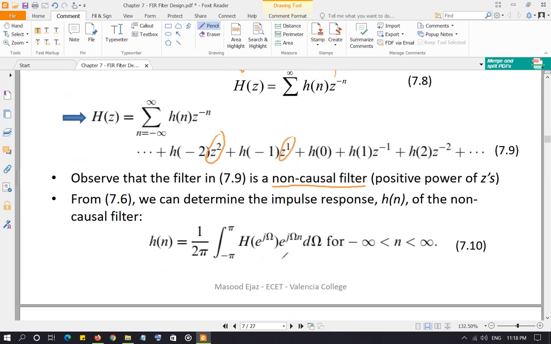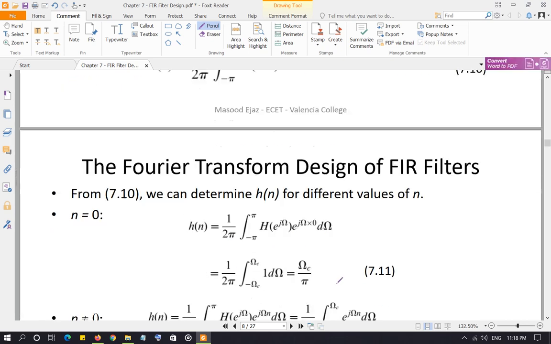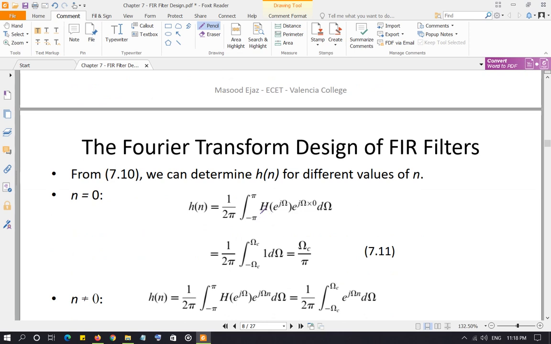So h of n is this, right? And we can determine h of n for different values of n. n is equal to 0 is going to be, remember, h of e^(j omega), the magnitude is 1, so we're going to go ahead and replace that by 1, and then the integral is from negative omega c, which is the cutoff frequency on the normalized scale, to positive omega c.